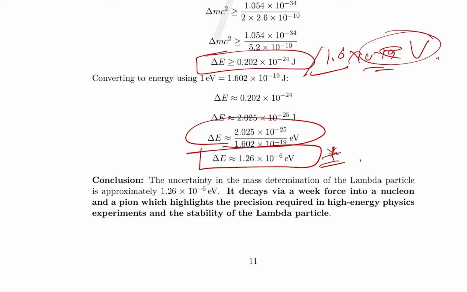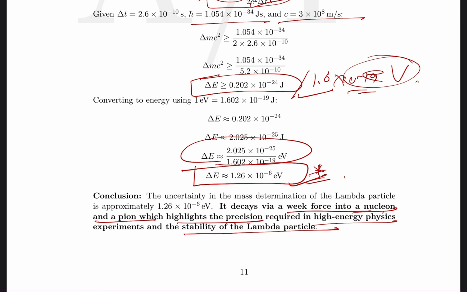You can formulate the things around that. A particle with this energy can decay via the weak force into a nucleon and a pion, which highlights the precision required in high energy physics and the stability of the lambda particle. I hope the conclusion is clear.